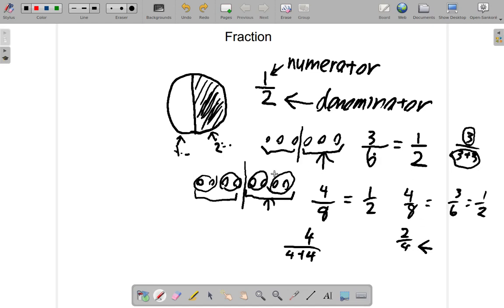That's the denominator. I get 2 pairs of apples out of the 4, so it's 2 out of 4.